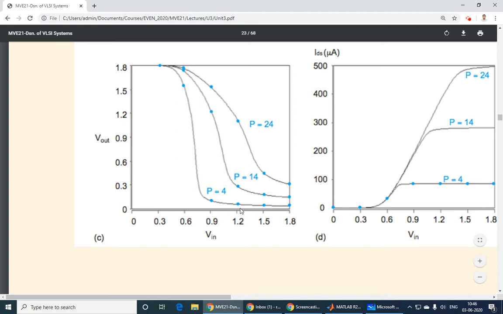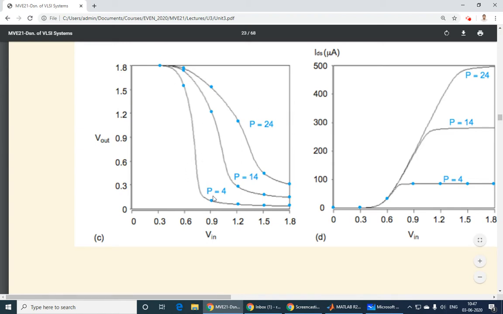So in these ranges, the curve will be here. But since we have a PMOS transistor which is always on, this curve can never reach this particular value, and it is going to be at different levels depending on the size of the transistor. And that is what we see here.